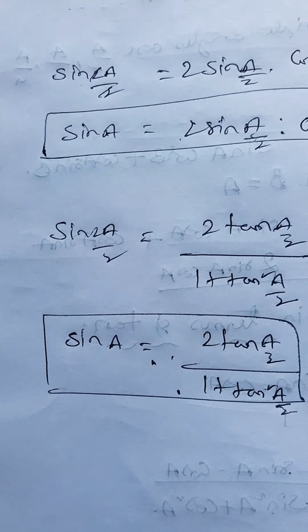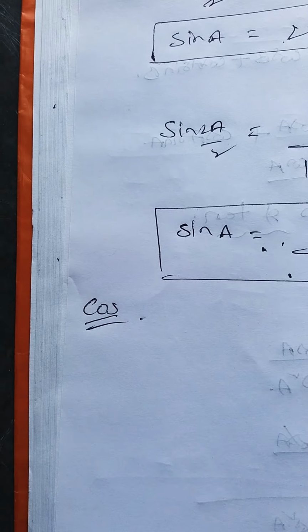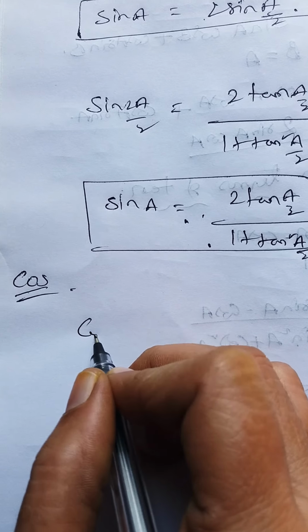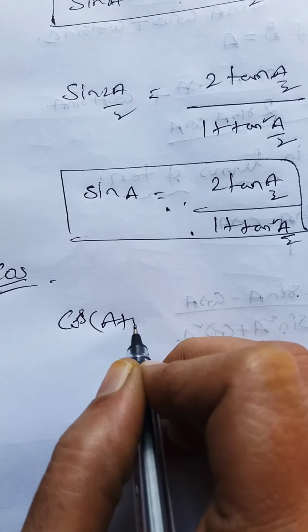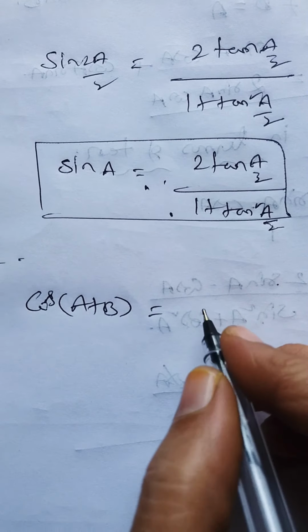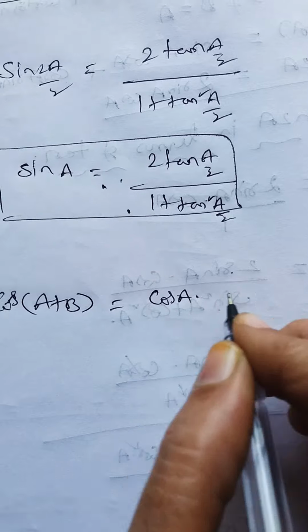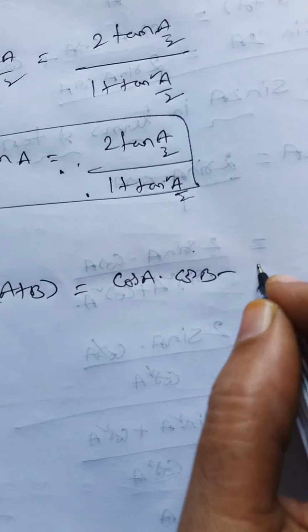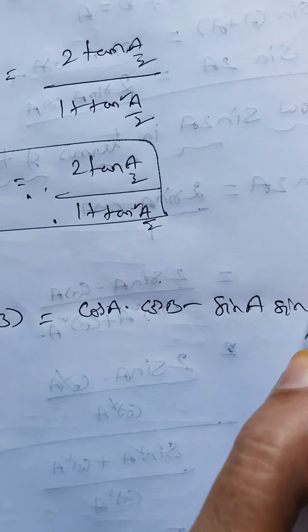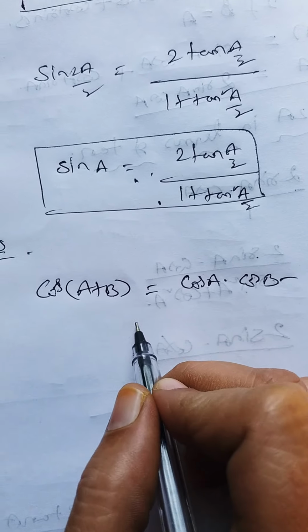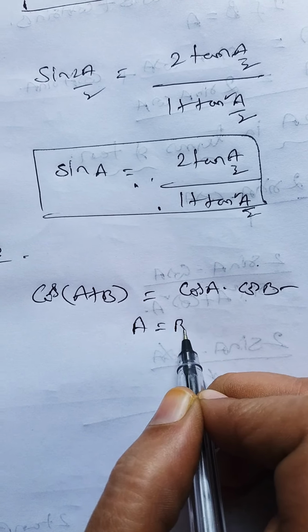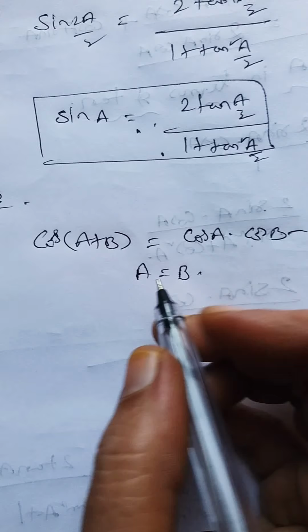Now similarly we can find for cos also. We know cos of A plus B is equal to cos A cos B minus sin A sin B. Now replace A is equal to B, or B is equal to A, your wish.